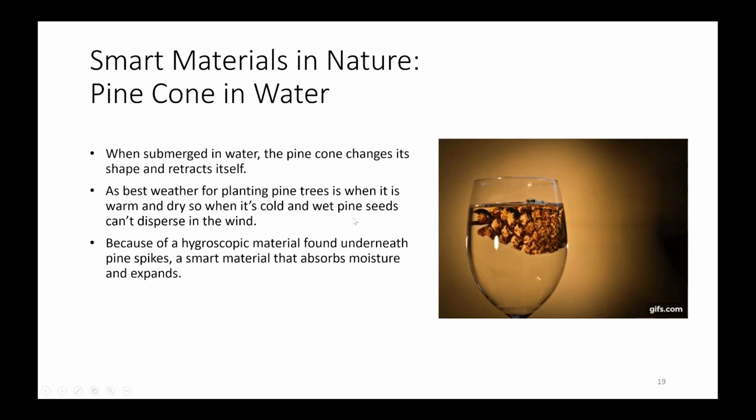So when it's cold and wet, pine seeds cannot disperse in wind, and because of a hygroscopic material underneath the pine spikes, a smart material that absorbs moisture and expands, because of expansion of that particular part, it starts to retract itself, and these seeds won't come out in water.